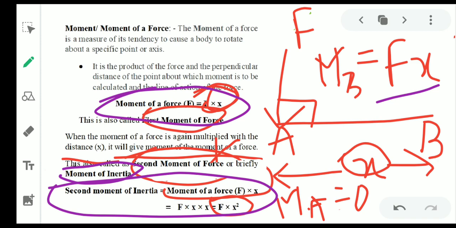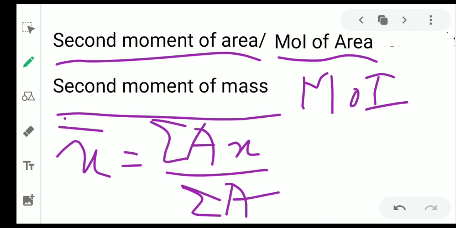Sometimes the first moment of force is also called the centroid, when we use area instead of force. Because you can also see here, what is the first moment of force? When we apply force, it is f of x, f into x.